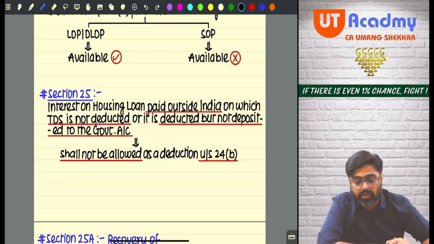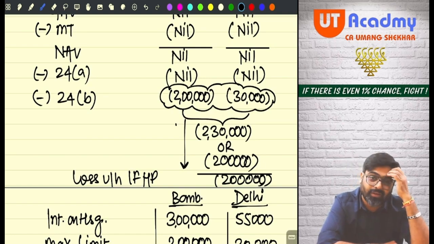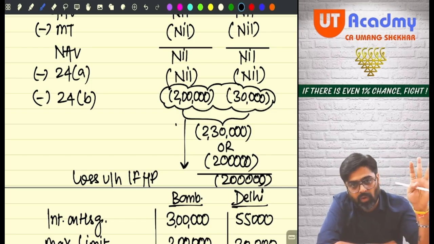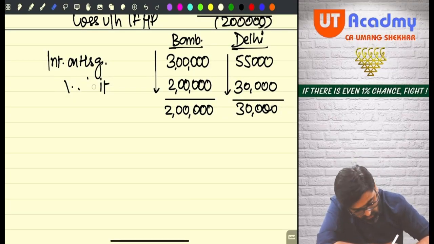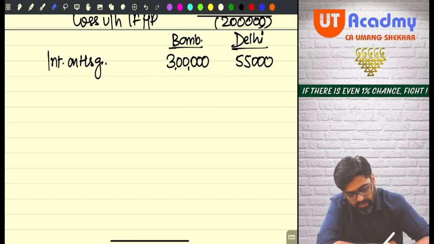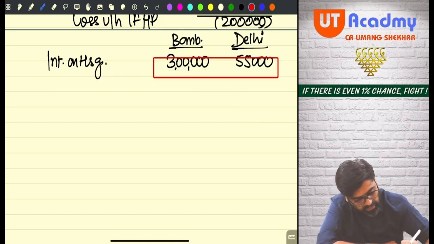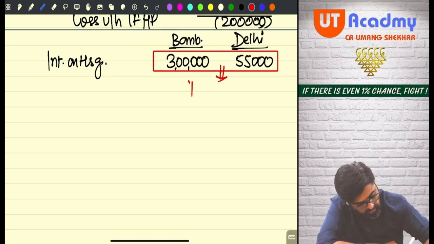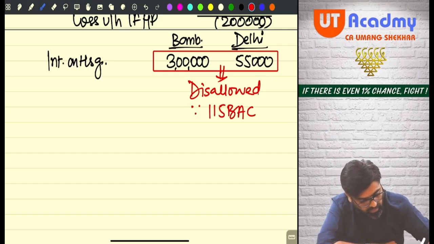Come on. Now wait. In that question only, should I twist it a little bit? In that question, if they tell you that the assessee is following section 115BAC, then you will not write down these limits. First you will calculate the interest, put that interest in the box, and say disallowed since the assessee follows 115BAC.